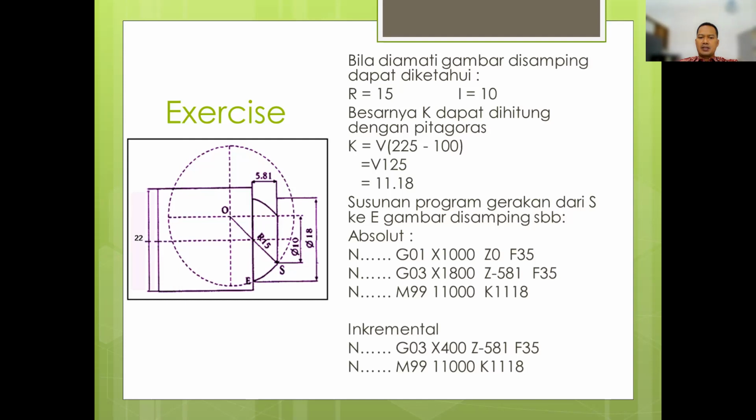You see the X is the final diameter and the Z is the distance in horizontal. And M99, the I is the vertical distance from the start point to the center point. And the K is the horizontal distance from the starting point to the center.